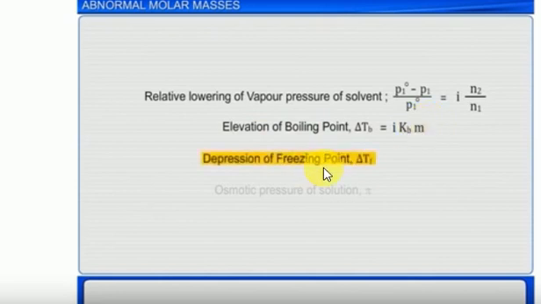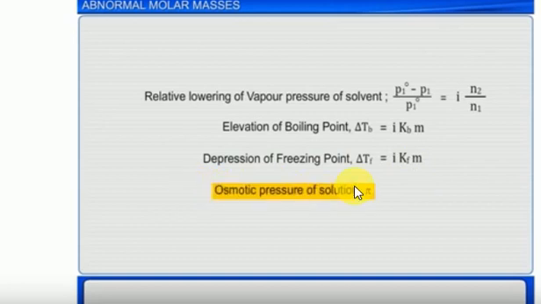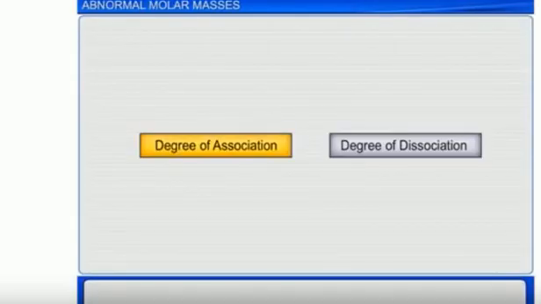Depression of freezing point, delta Tf, is equal to i multiplied by Kf multiplied by m. Lastly, the osmotic pressure of a solution, pi, is equal to i multiplied by n2 multiplied by R multiplied by T divided by V. The degree of association as well as the degree of dissociation are represented by the letter alpha.